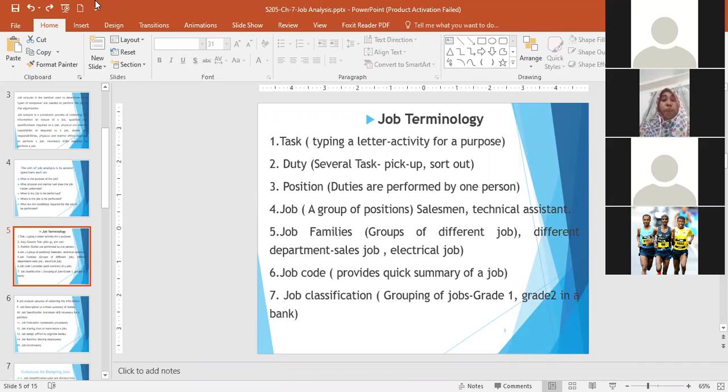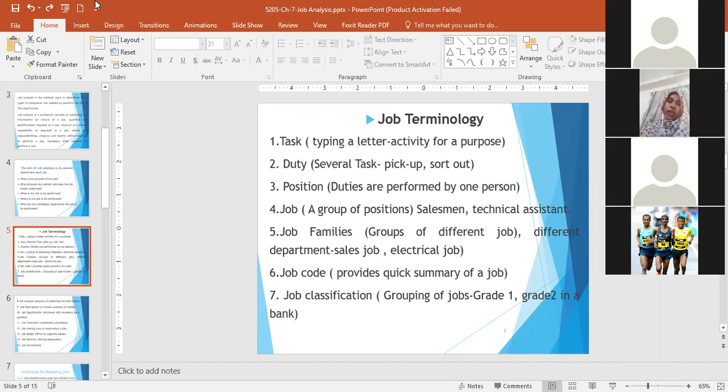For example, when we make our class routine, we do not mention the course title because it is a longer phrase, but we present it as a code, then we can easily make the class routine and you also understand easily. So this is an example of why we are using a code.